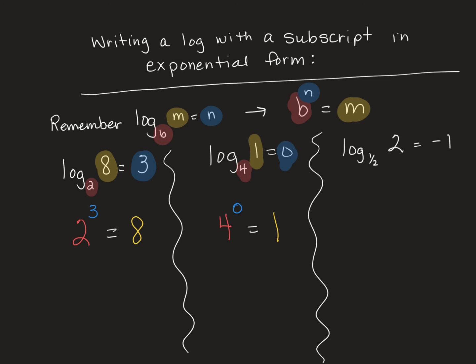Let's try one last time. This is my base number. This is my exponent. And this is my number next to the word log. So let's write it in. This is 1/2 to the negative first power equals 2. Okay? So hopefully this helps.